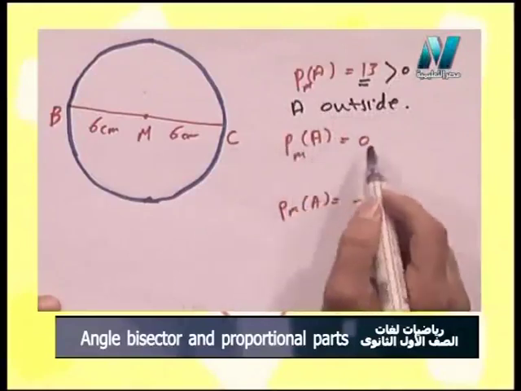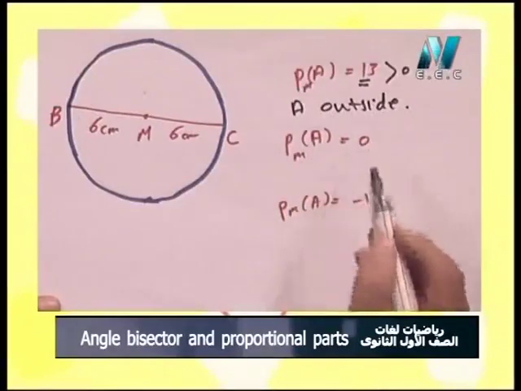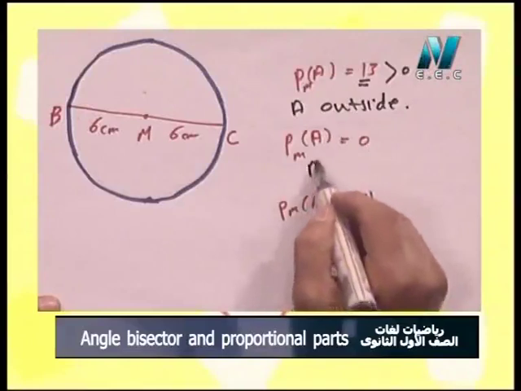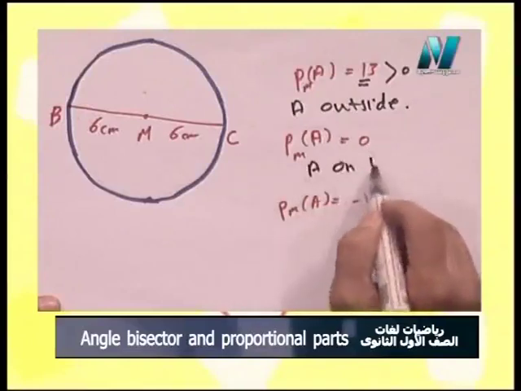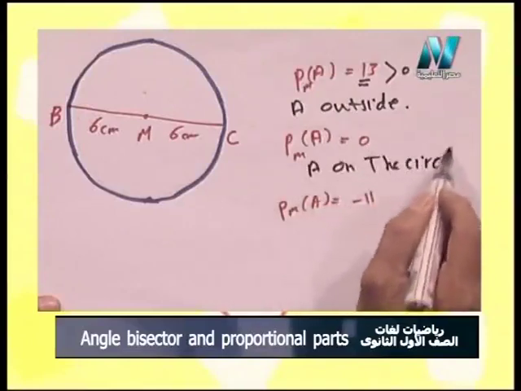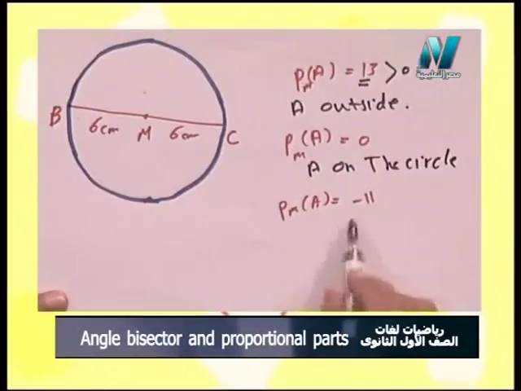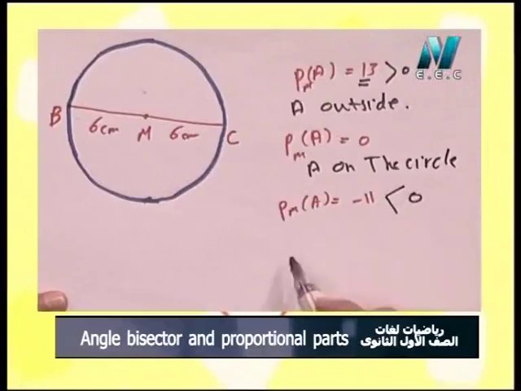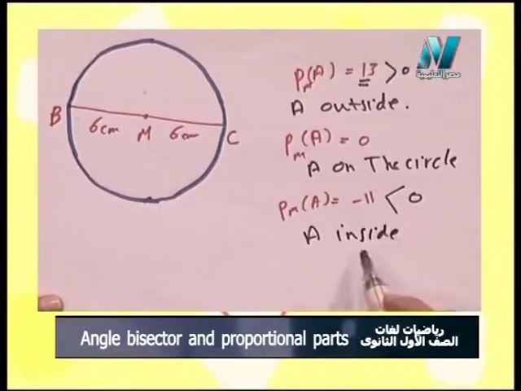The power of the point A equals 0. That means that A here is on the circle. And P of A equals negative 11, which is less than 0, a negative number. So A here lies inside the circle.